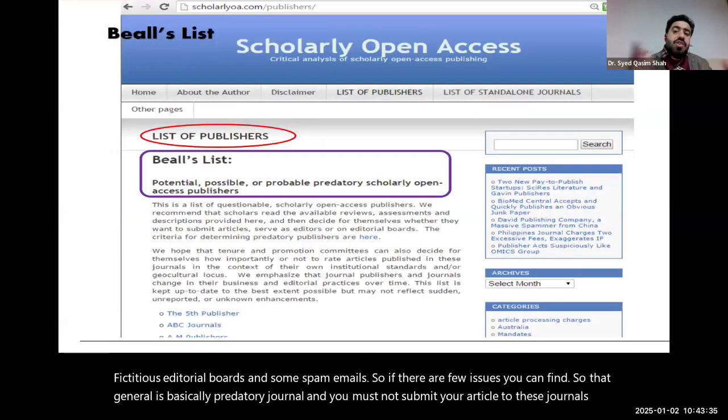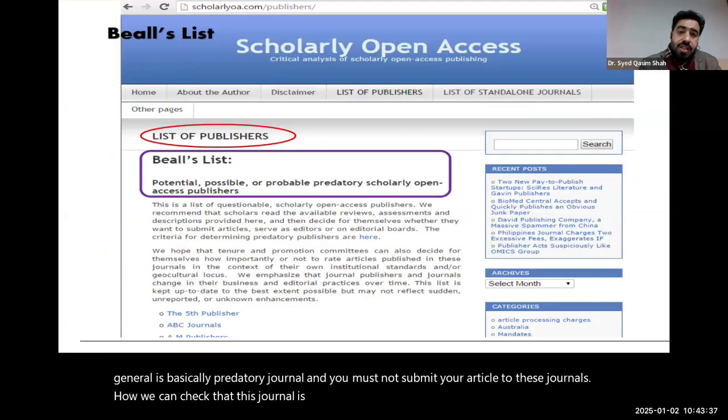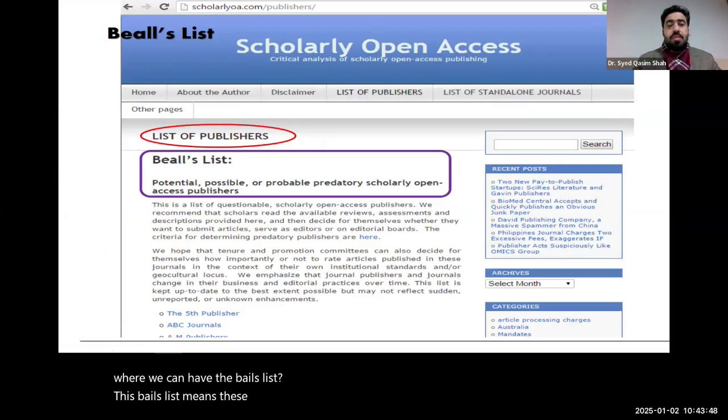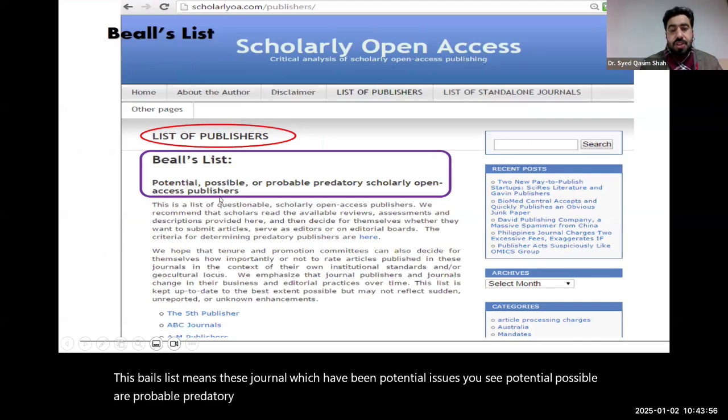How can we check that a journal is not valid? If we go to Scholarly Open Access, we can find the Beall's list. This list means these journals have potential issues. You see, potential, possible, or probable predatory scholarly open access publishers.